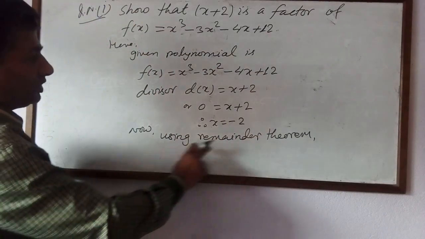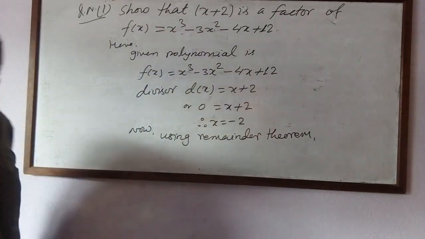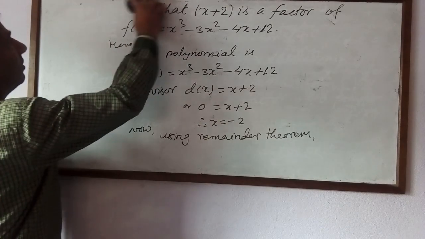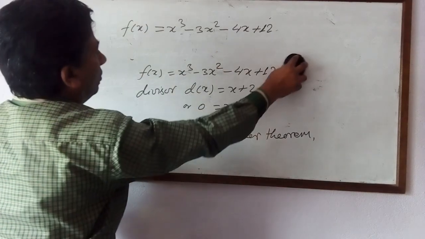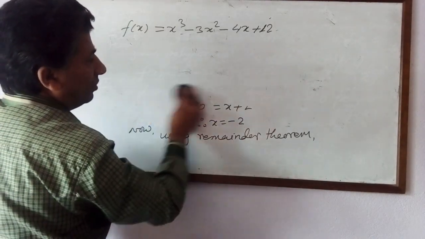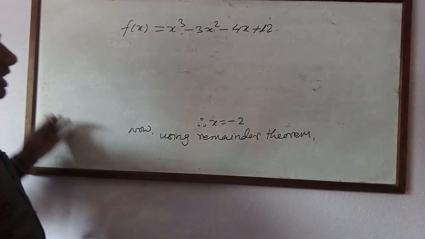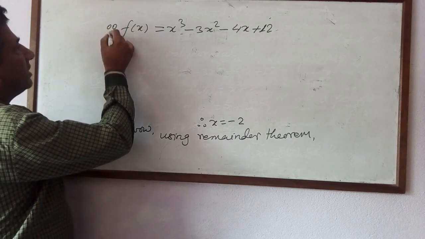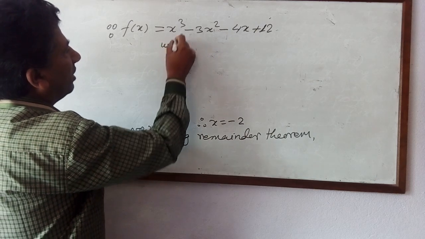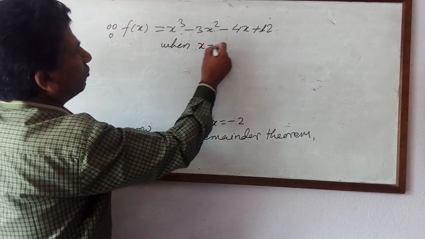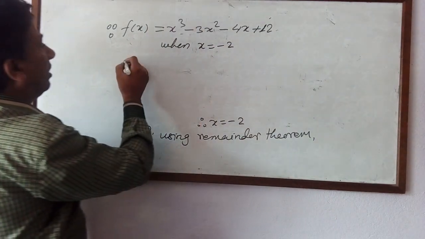Using remainder theorem, x equals minus 2. Since f(x) equals this, to find the remainder when x equals minus 2, write the value x equals minus 2 in the given polynomial.